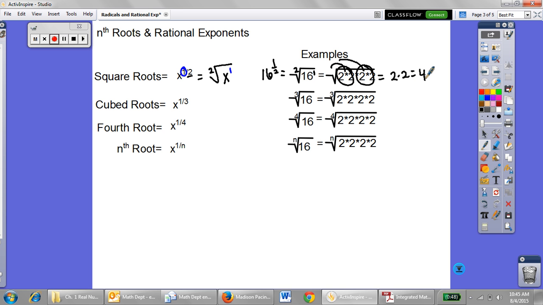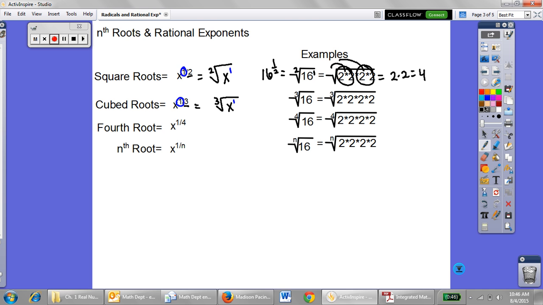Now let's go on and talk about cube roots. So for example, we have x to the 1/3. So again, we have this radical sign with the x here. And if we're talking about cube root, there's a 3 for the cube right here. And this exponent 1 is because x is to the power of 1.